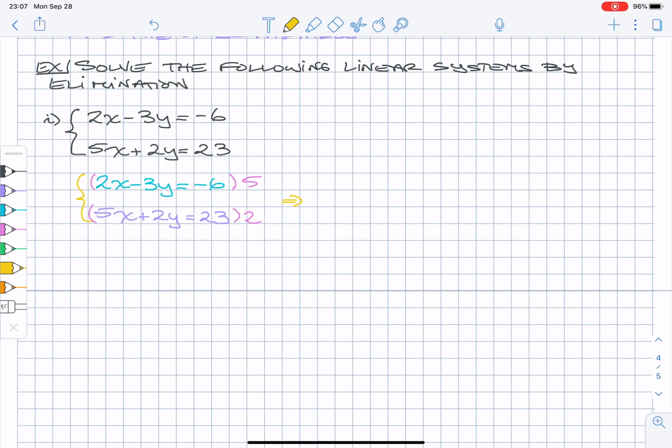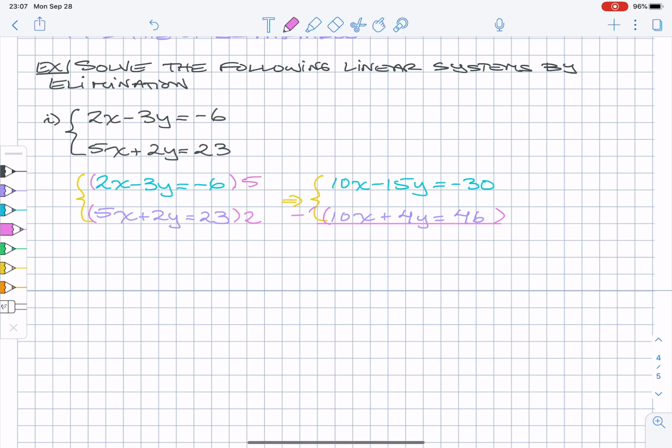So when I do this, what I get is the system of equations. 10x minus 15y is equal to negative 30. 10x plus 4y is equal to 46. Okay, so add or subtract as necessary to eliminate. Well, I wanted to eliminate x, so in order to do that, I would have to subtract. 10 minus 10 goes away, that's 0.